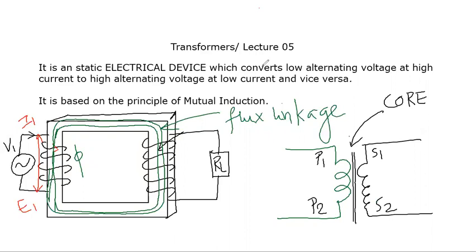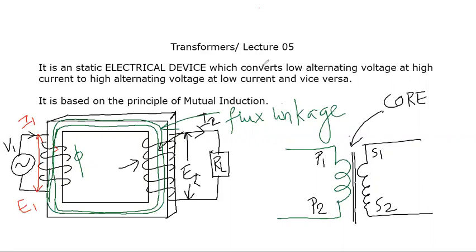When an alternating voltage is applied to the primary coil, the current through the coil will keep on changing, and hence the magnetic flux through the core will also change. As the flux in the secondary keeps on changing, there will be an EMF induced in the secondary. I'll call it E2, which will give rise to current I2.